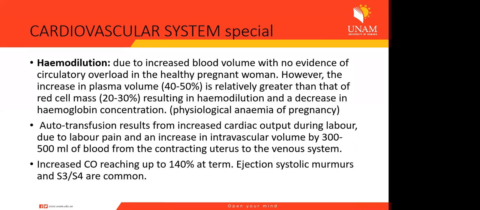Then there's what they call autotransfusion, which results from increased cardiac output during labor. Don't forget that cardiac output increases, and increases even more during labor. This is due to labor pain, and it leads to an increase in intravascular volume by as much as 300 to 500 ml of blood from the contracting uterus to the venous system.